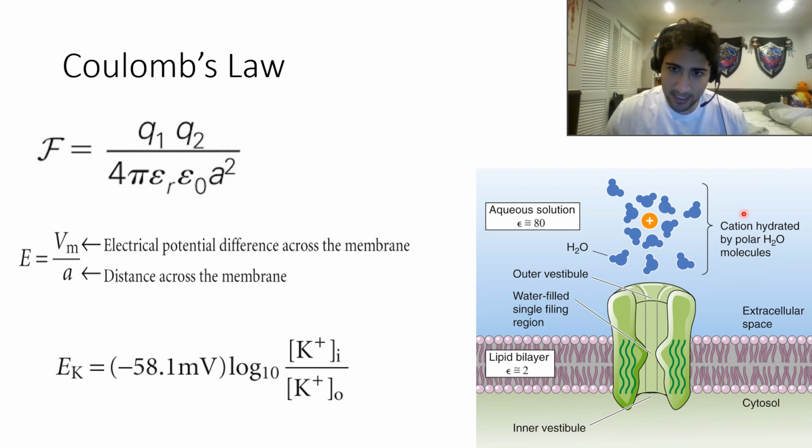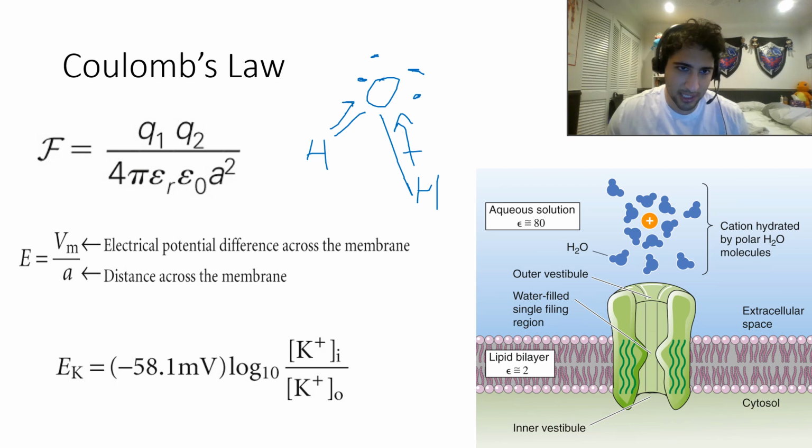As you can see here, outside of the cell, the ion sits in the extracellular space. It's positively charged, and water is a polar molecule where the oxygen is negative, because oxygen has its two electrons here and its two hydrogen bonds, and oxygen pulls on the particles more than hydrogen does, which leads to electronegativity.